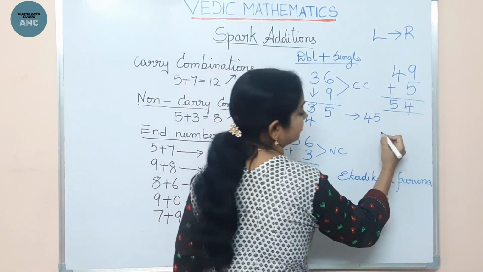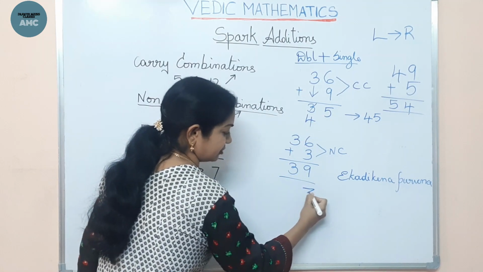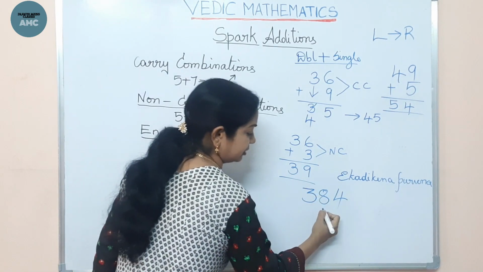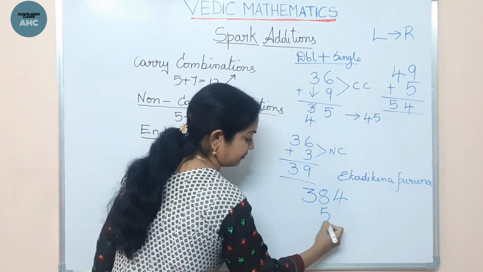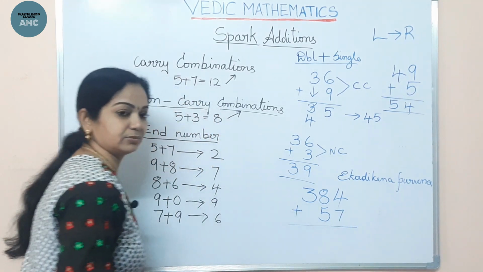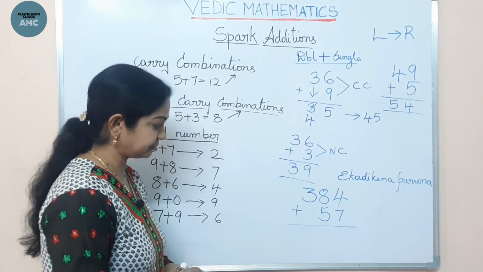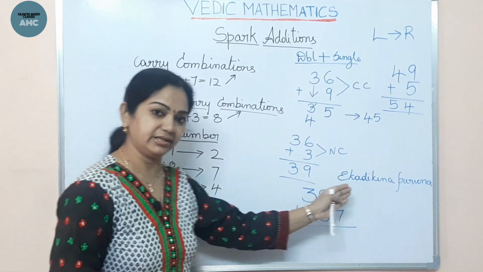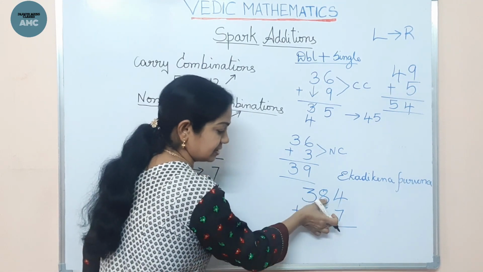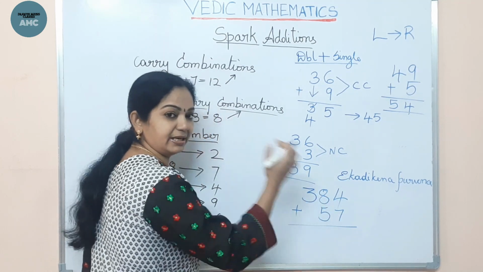Likewise, let me take a 3-digit number. See here, 3, 8, 4, a 3-digit number with a 2-digit number, 5 and 7. Now, starting from the left. 3, but because the next number is clearly a carry combination, but means I will be increasing by 1.